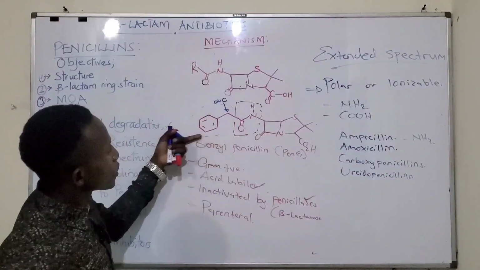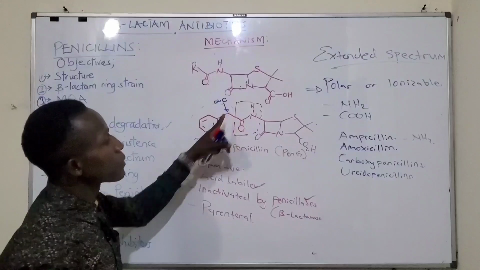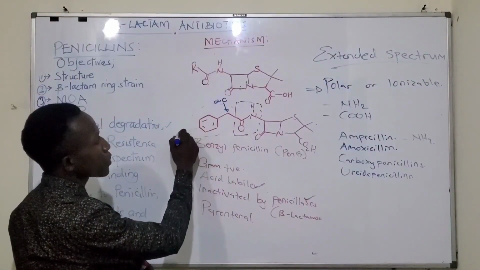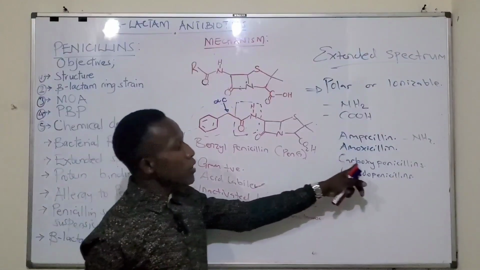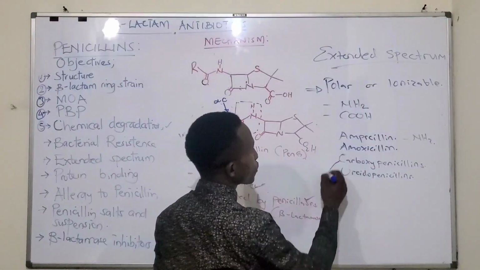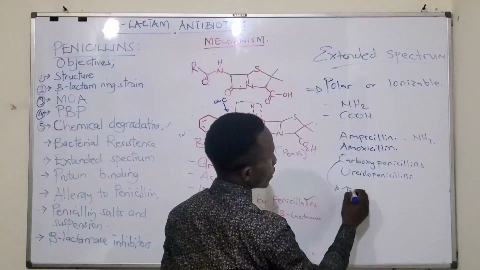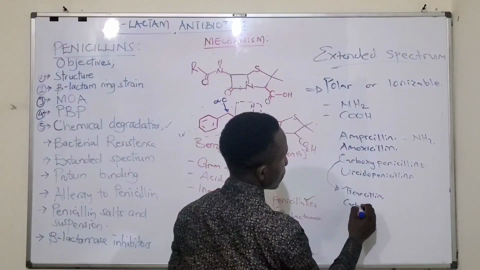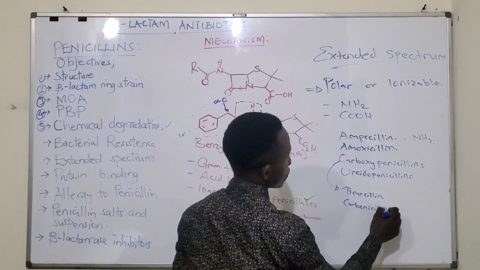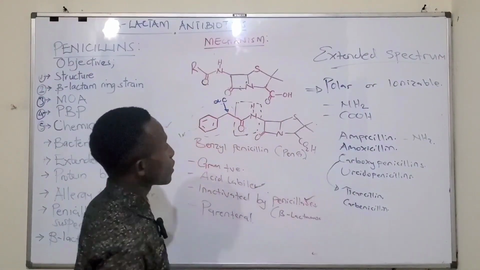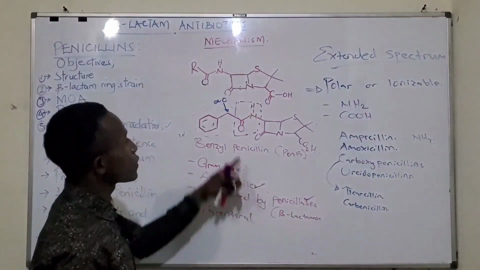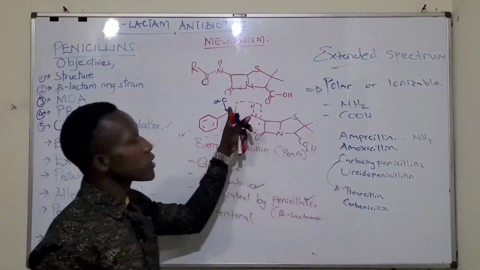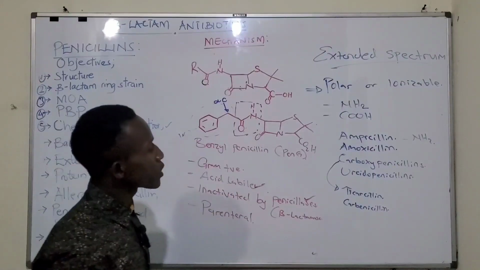It's the same structure as benzylpenicillin, but here there is an amine group. Amoxicillin has an amine group, then just there is OH also here. Carboxypenicillins, for example, ticarcillin and carbenicillin. Carbenicillin has the carboxyl group. These two have a carboxyl group here, if you look at their structure.